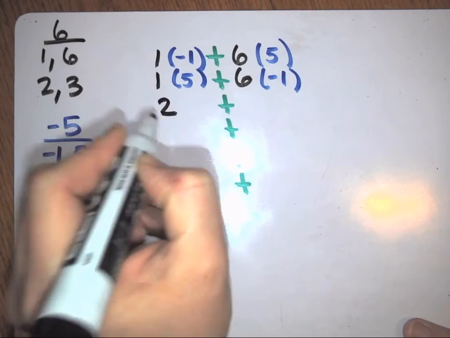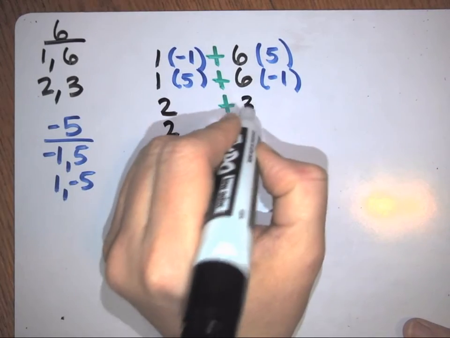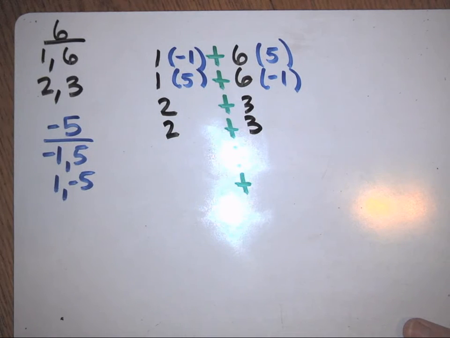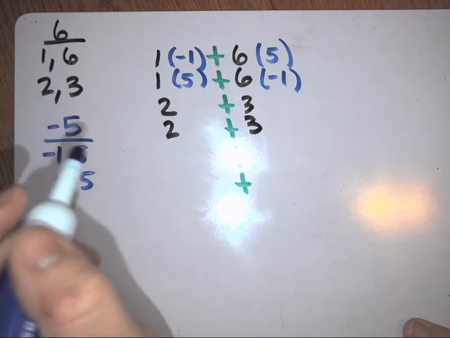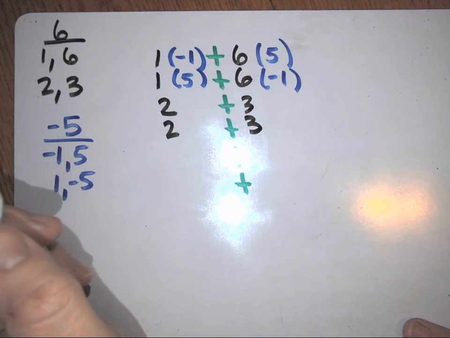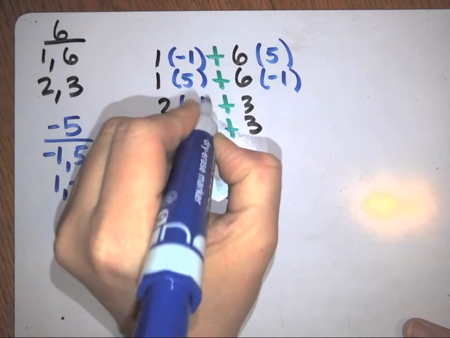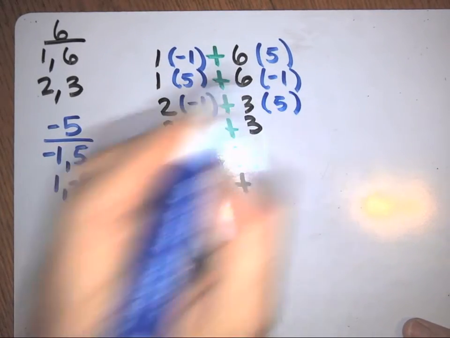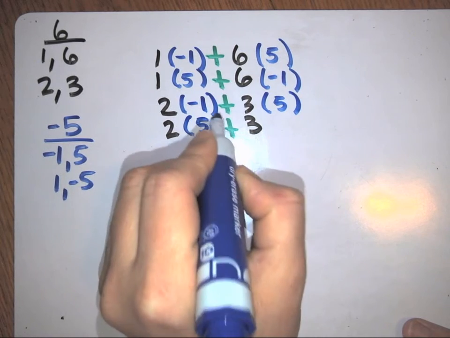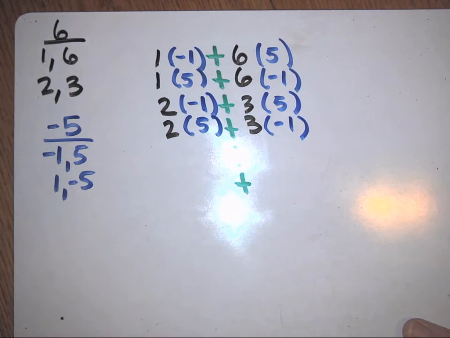Now I'm going to have 2 and 3, with my -1 and 5, 5 and -1.